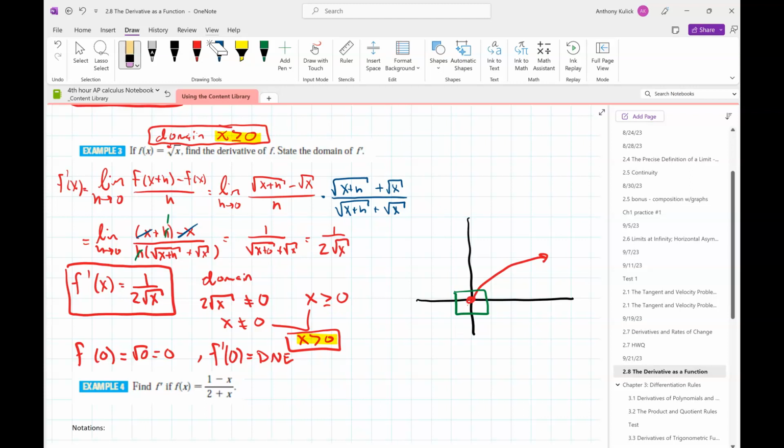And because the left-hand and right-hand limits have to match for a limit to exist, there's no left-hand limit at 0. It doesn't exist. So is it because you have to have it continuous in order to see the derivative? Like just like we did in previous examples? Okay.